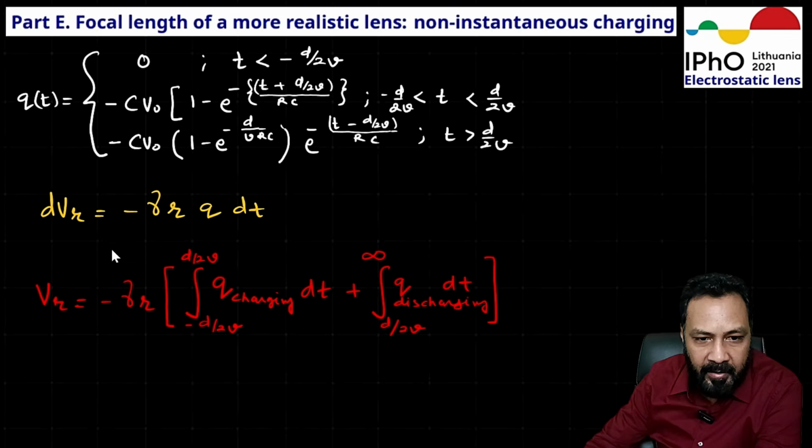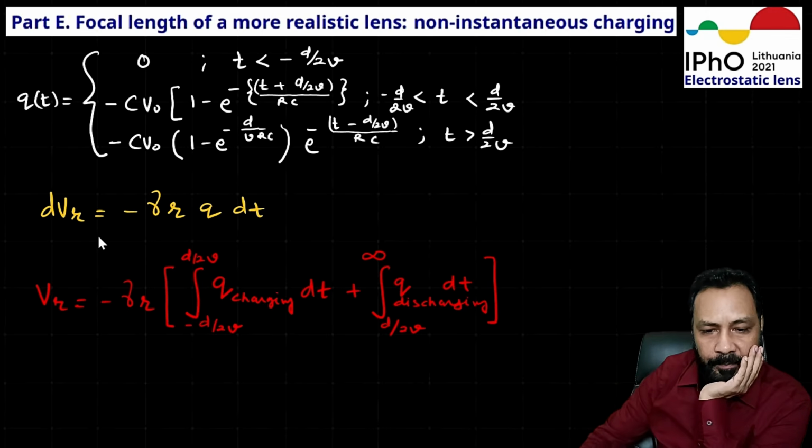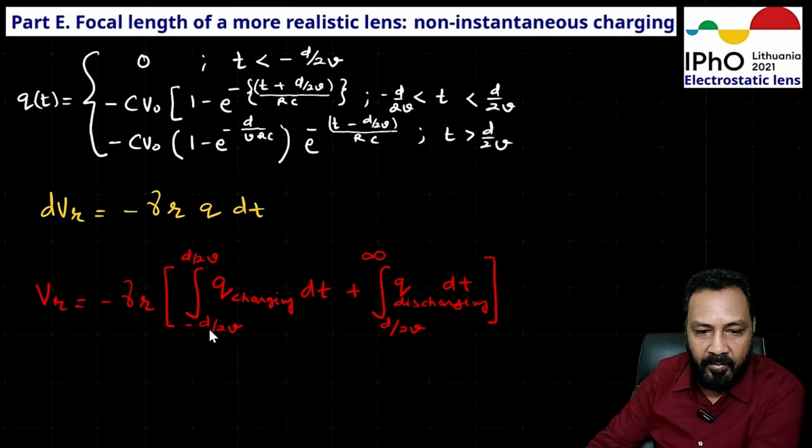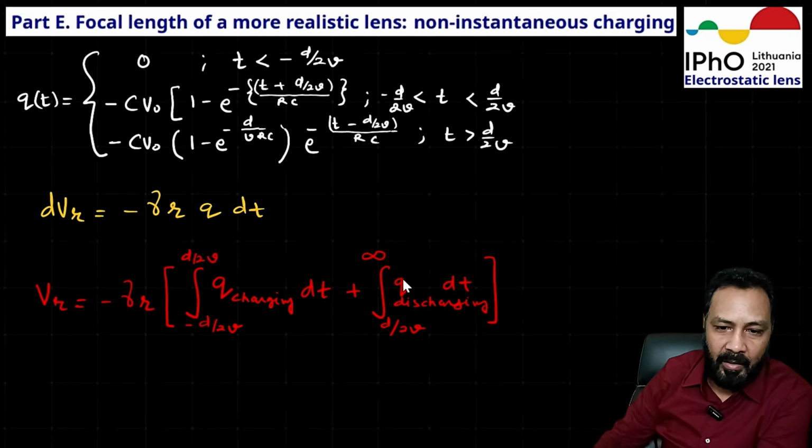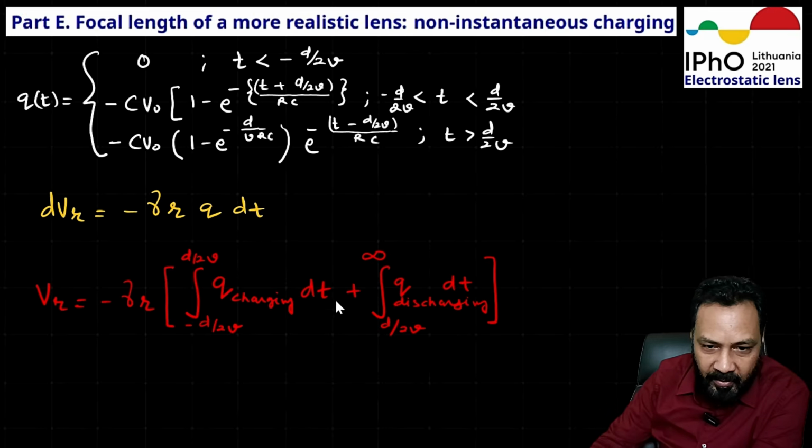If I integrate that thing, you see the limit of integration I have taken from minus d by 2v to infinity. But that limit is divided into two parts. One part is for the charging, that is minus d by 2v to plus d by 2v, and for the discharging, d by 2v to infinity. And once again, the real effect of this is very small time after that.